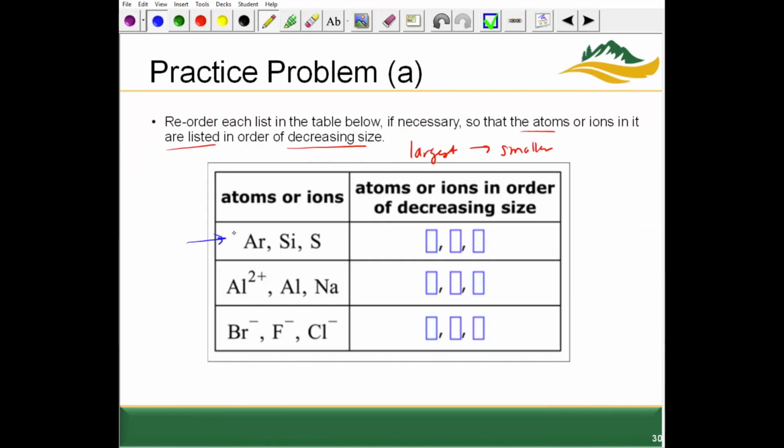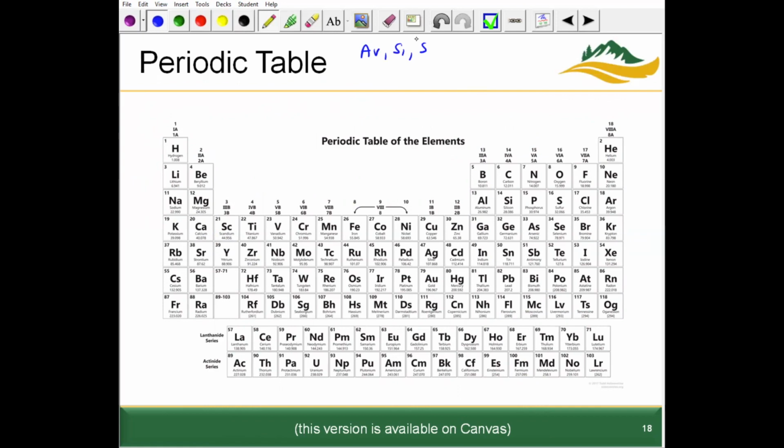So let's look at this row here. Here we're comparing argon, silicon, and sulfur. From the patterns we've seen, we know these are larger atomic radii, then go to smaller atomic radii. When thinking about the effective nuclear charge, we have a larger effective nuclear charge on the right-hand side compared to a smaller effective nuclear charge on the left-hand side.